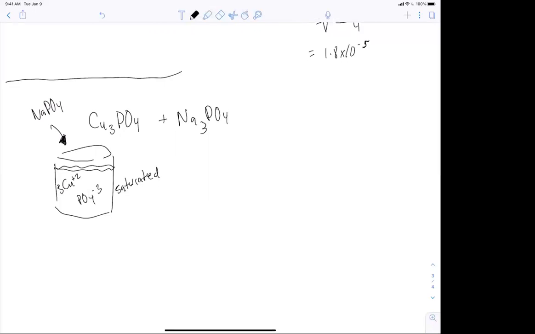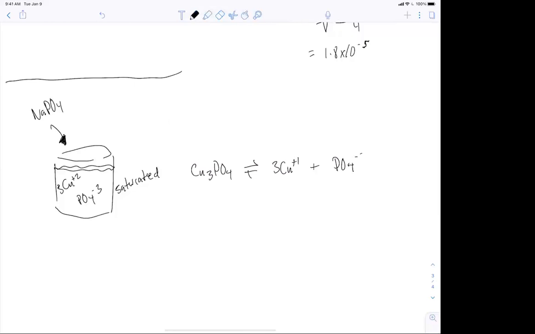So for sure, copper phosphate is going to precipitate. And the reason for that is, let's say you write out the equilibrium expression for it. Copper is +1, and then we have phosphate over here, which has a -3 charge on it.